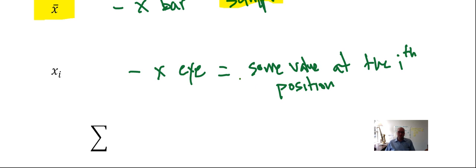What does that mean? If I have 10 different values, I have 10 positions where these can be sitting: the first position, the second position, the third position. So xi is how we ask, what's the value in the ith position? I can say, what's x sub 3? That's the value at the third position, where i equals 3. So that's all that is. And we're going to use that in just a second.